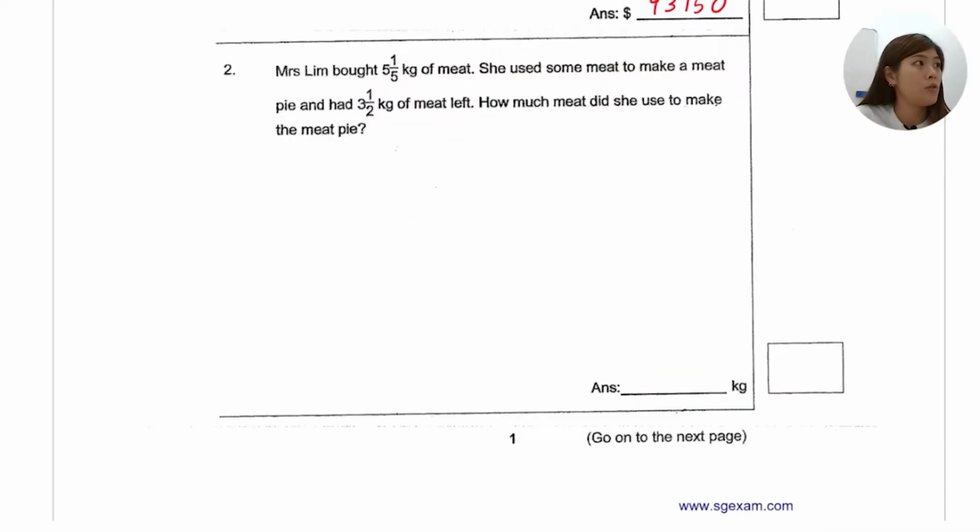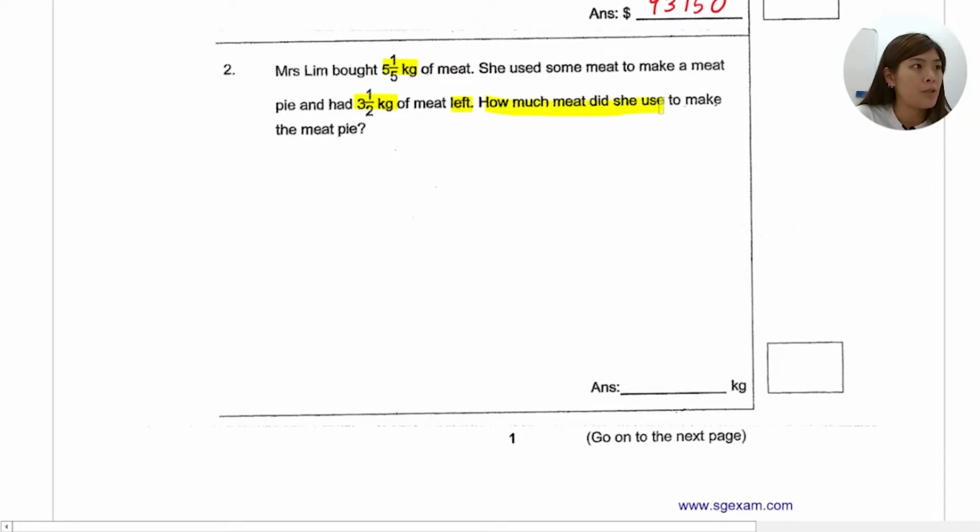Okay, let's move on to question 2. Mrs. Lim bought 5 1/5 kg of meat. She used some meat to make a meat pie and had 3.5 kg of meat left. How much meat did she use to make the meat pie?